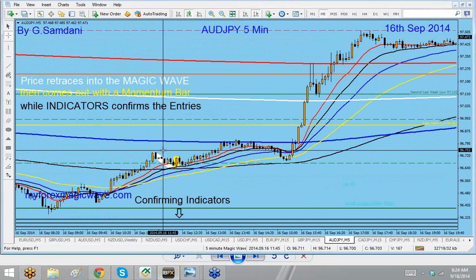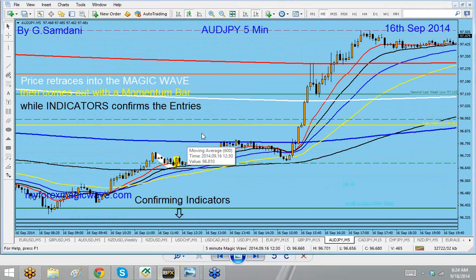This is how good this strategy is, because even if you get it wrong, and let's say it goes up and hits this line and then drops and takes you out, then what do you lose? 15 pips. Okay, that's fine. Then you wait for a nice setup. This was again a very good setup. Not a 100% good setup, but it was a good setup. And then you take that.